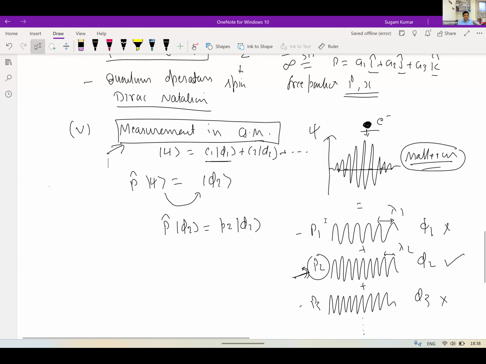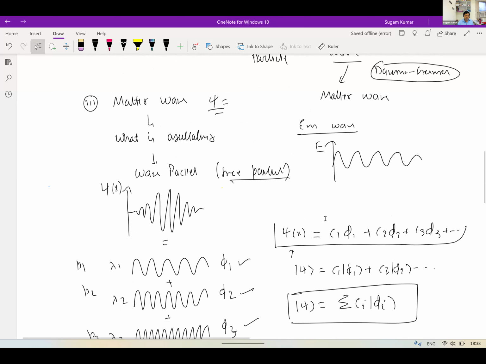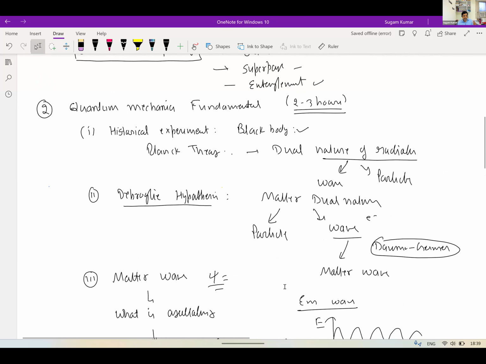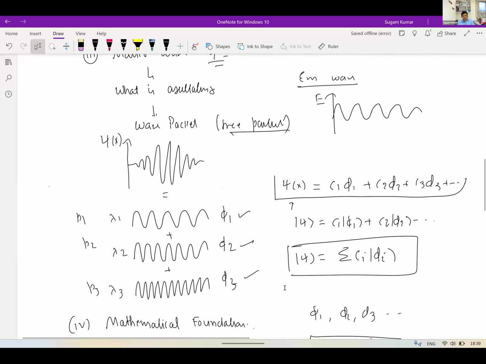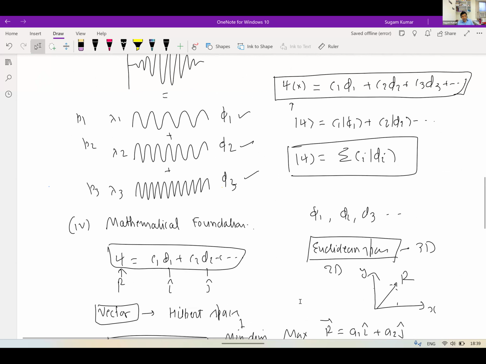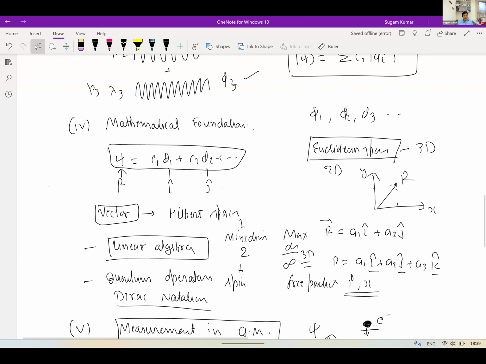But my focus will be to take you systematically through how quantum mechanics developed from classical mechanics, and these matter waves, de Broglie, why we write this wave function as a superposition of phi 1, phi 2, and what happens when you try to do a measurement. Why does this wave function collapse?